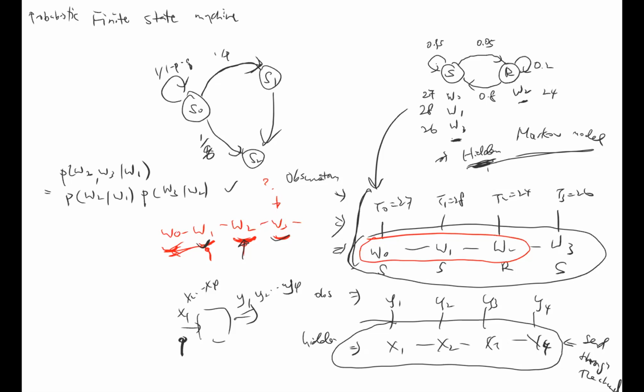And by Bayes' rule, this is also always true: this is equal to P(W2 given W1) times P(W3 given W2, W1). So this guy will be equal to this guy, right? Yes.